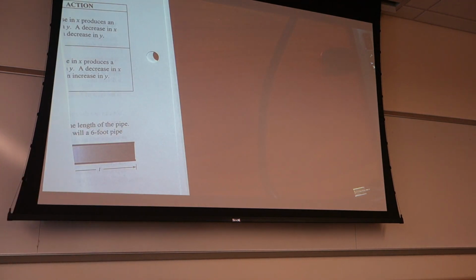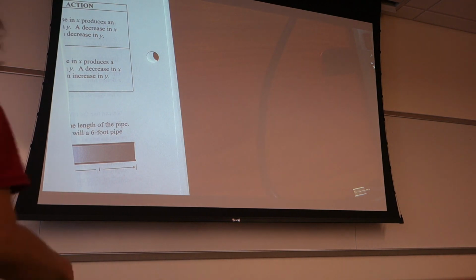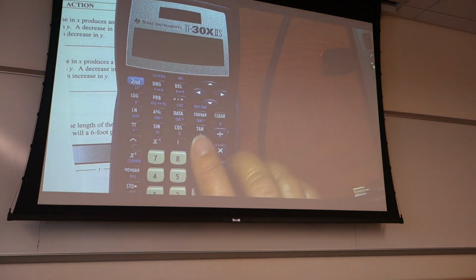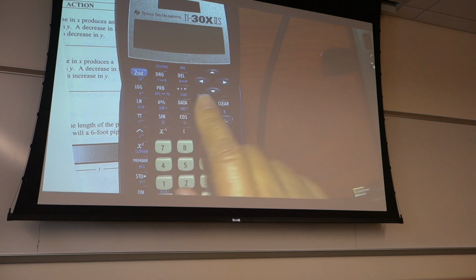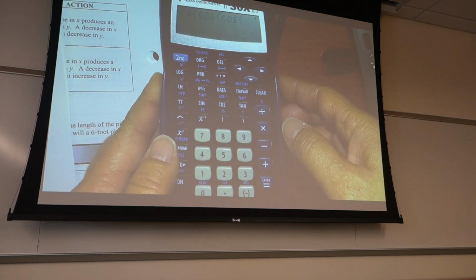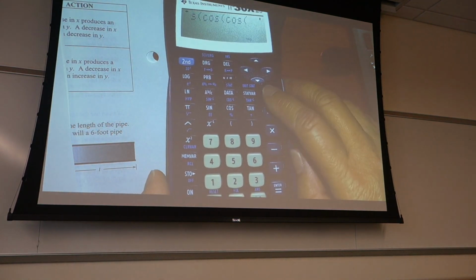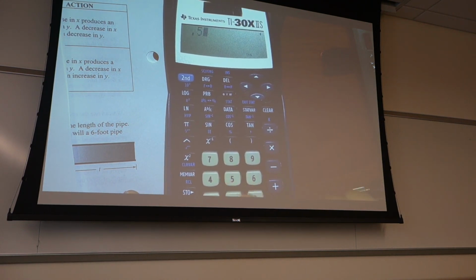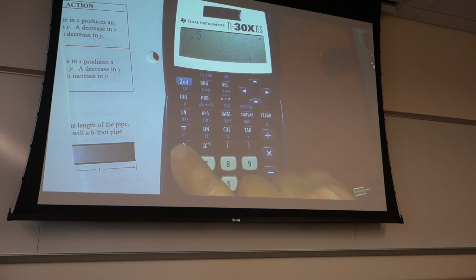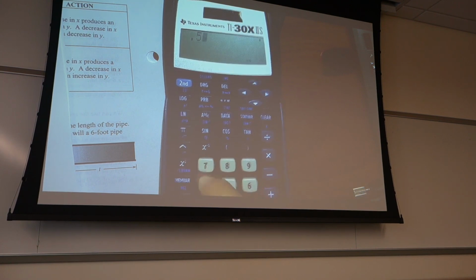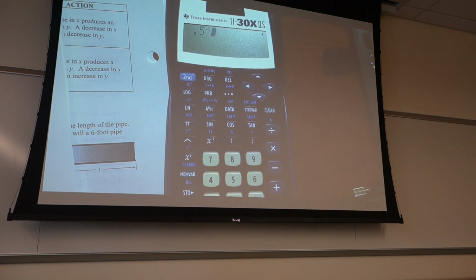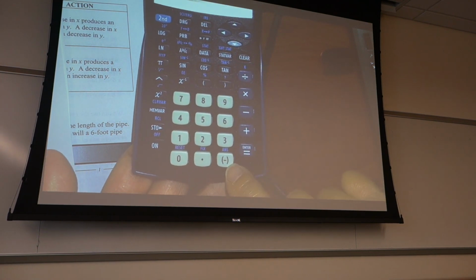I'll show people. So you have these nice TI 30 calculators. These are great. Here, you do 0.5, and then you do the raise to. Is this little arrow up button here? That one right there. So I just do arrow up, and then for the negative sign, you can't do the minus.